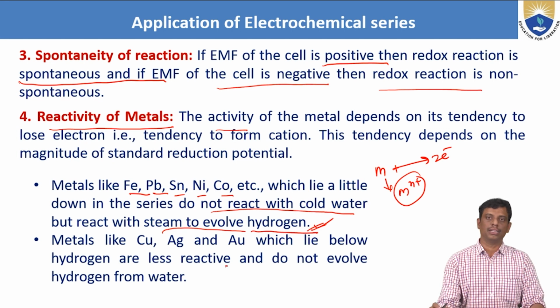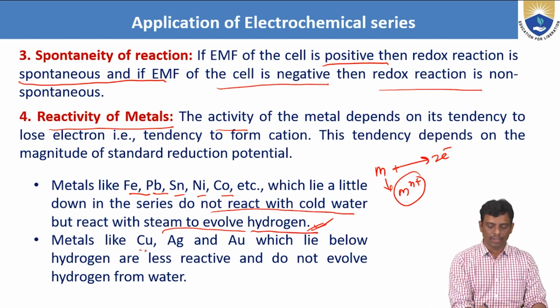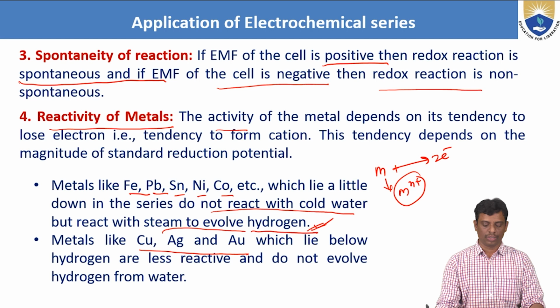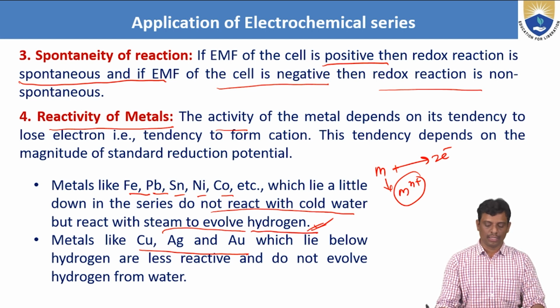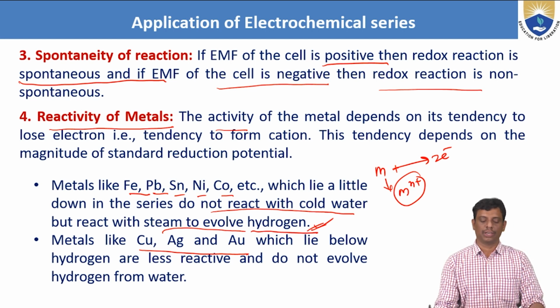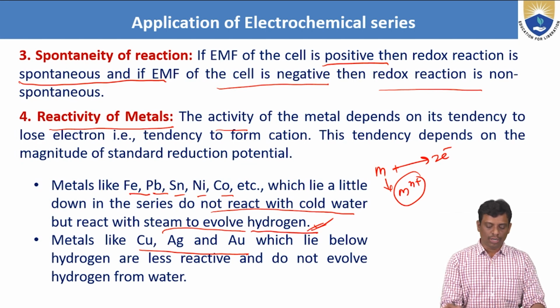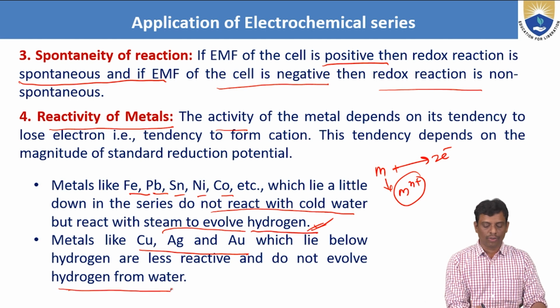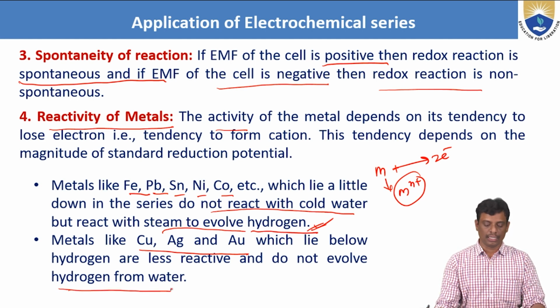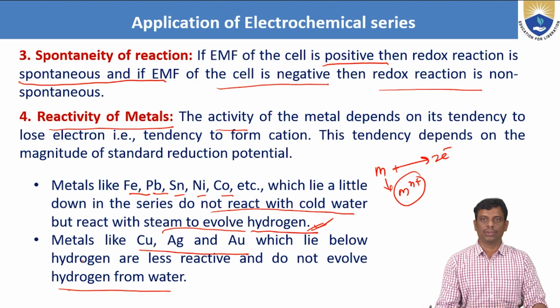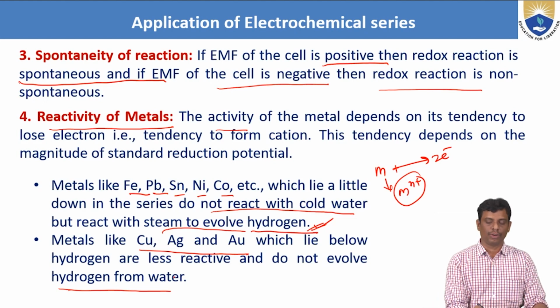If you look at other metals, there are copper, silver, and gold. These metals lie below hydrogen in the electrochemical series, so they are less reactive and do not evolve hydrogen from water.